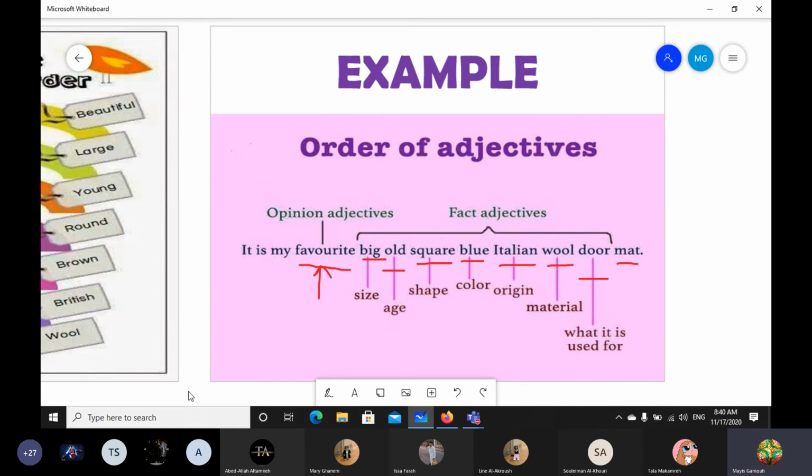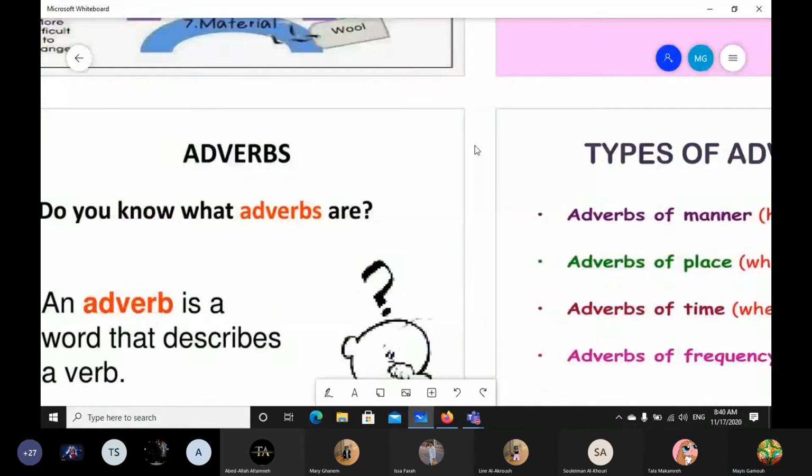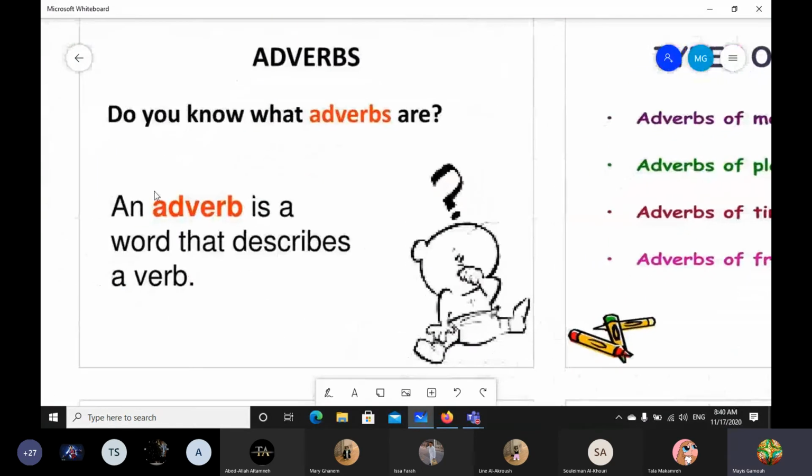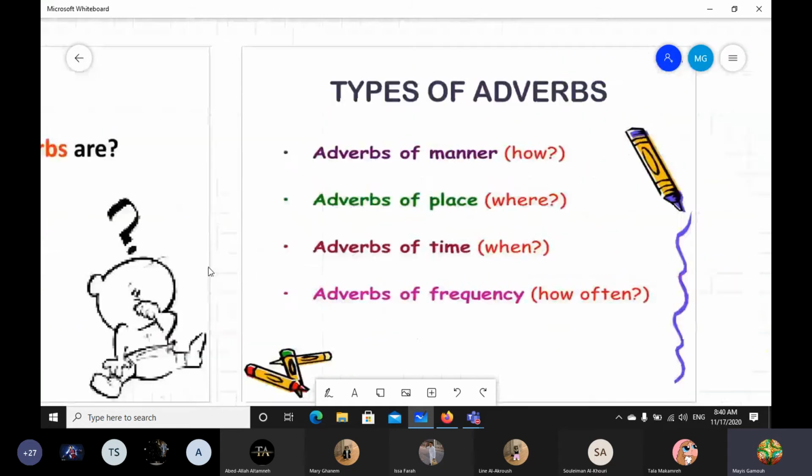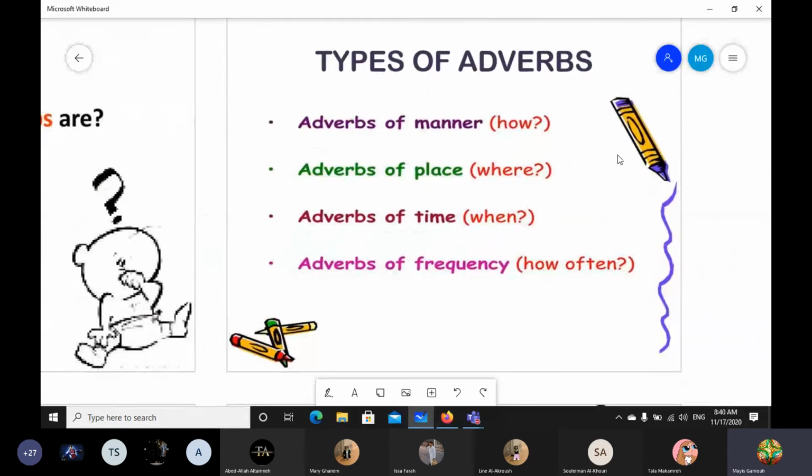All right, let's move to the adverbs. Do you know what adverbs are? Yes, we know that an adverb is a word that describes a verb. How am I going to describe my verb? We have types of adverbs, which are adverbs of manner, and it tells us how, the WH question.